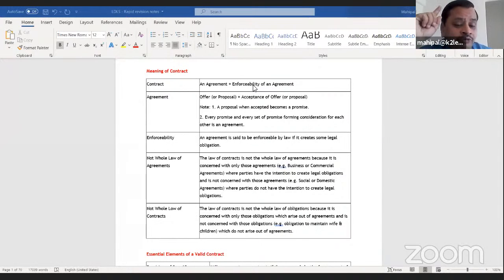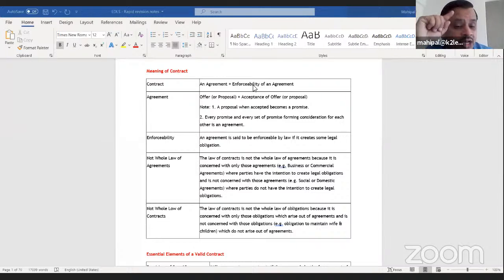So for a contract to form, there must be an agreement, and such agreement should be enforceable in a court of law. Now, this condition for enforceability is very, very important from your examination point of view. Kindly remember Section 10. According to Section 10, every agreement will form a contract, provided they are entered into with the free consent of the parties competent to contract, for a lawful object, with a lawful consideration, and not expressly declared to be void. 5 important points are provided in Section 10.